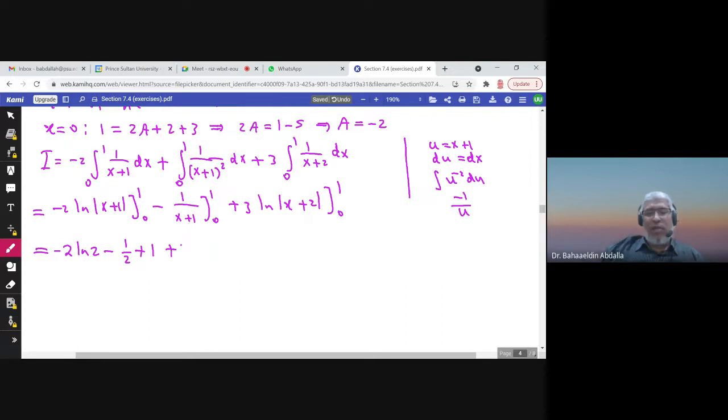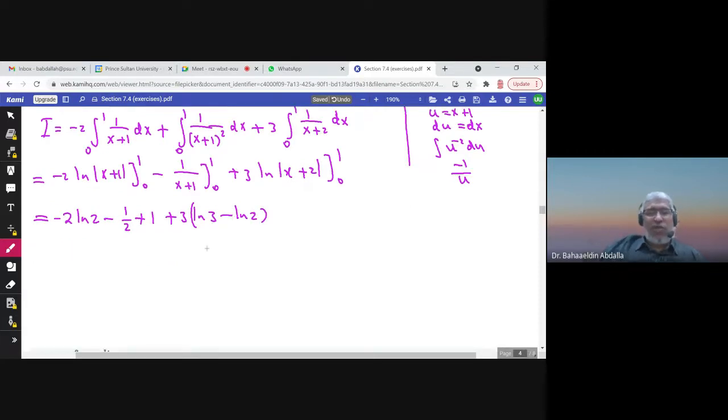And here plus 3 ln, replacing x by 1, I'll have ln 3, and then minus ln, replacing x by 0, I'll have ln 2. So the final answer would be 1 minus half is half, negative 2 ln 2, plus here also minus 3 ln 2, so I'll have minus 5 ln 2, and plus 3 ln 3, and I leave the final answer like this.